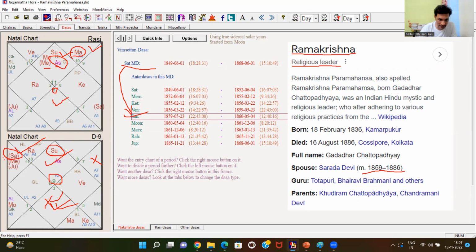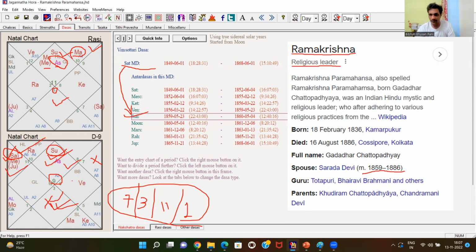So Saturn is in the 3rd house and Sun is in the Lagna. You remember, the 7th house, 3rd house, 11th house, as well as Lagna can give you marriage in D9. This is the rule. So here the planet in the 3rd house and the planet in Lagna are really triggering that effect.